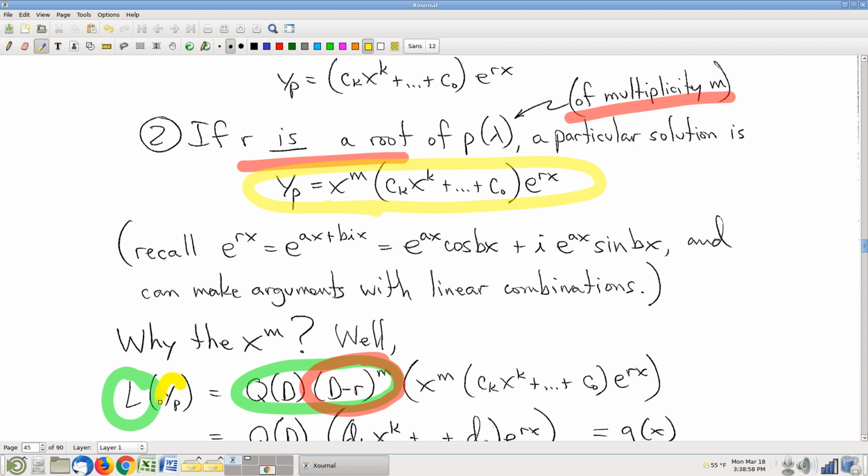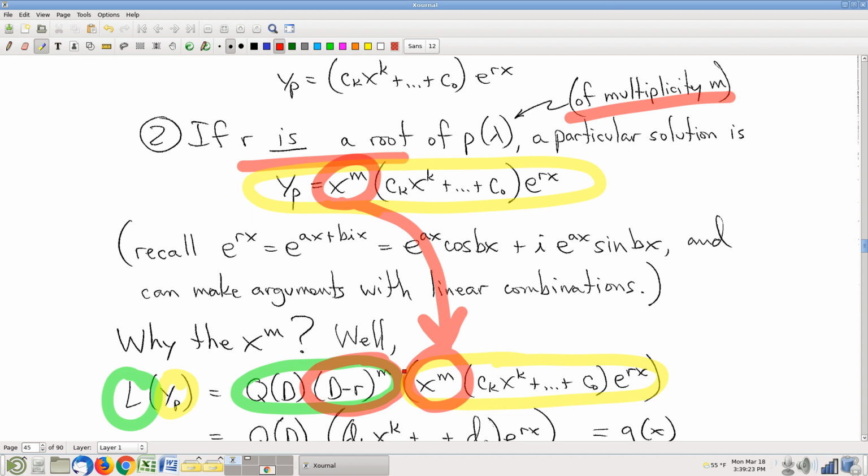Okay. So, the function that we're looking at, let's write that down, here it is. We put in this extra factor of x to the m, and we're trying to understand the motivation for putting in this factor of x to the m. Having written it together like this, you can see the same sort of thing happening. We've got this constant coefficient operator, factored.